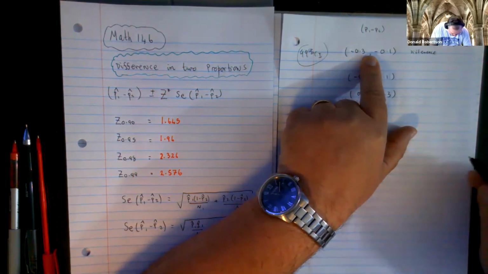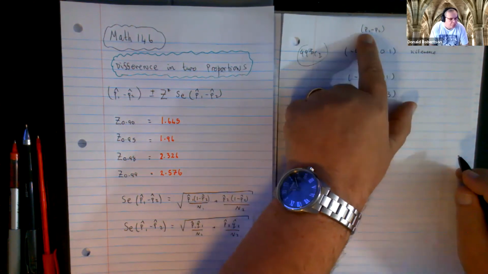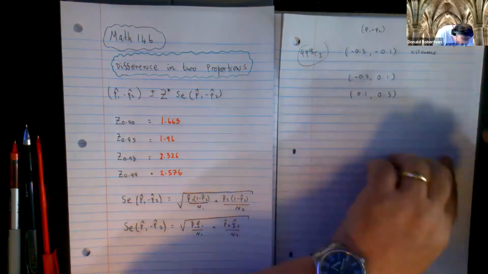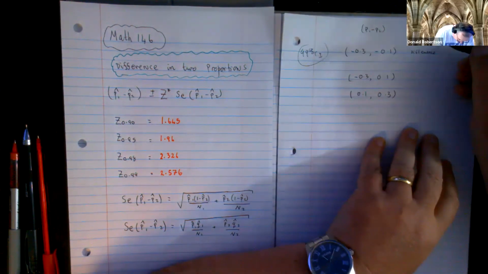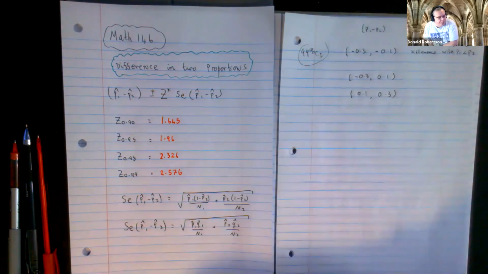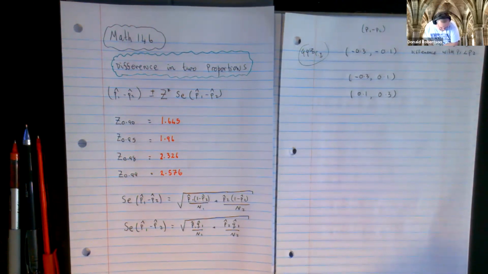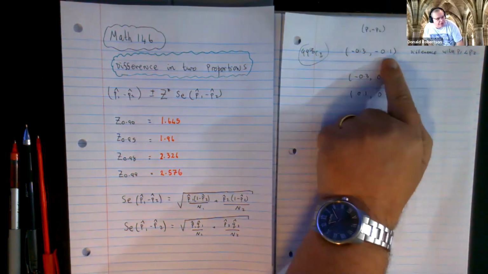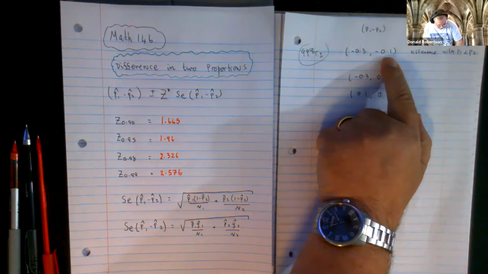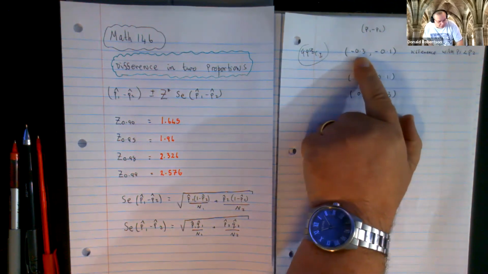Because they're all negative, doesn't that make P1 smaller than P2? So we could say that this is a statistically significant difference with P1 definitely smaller than P2. And if you wanted to be nitpicky about it, isn't it definitely smaller by at least 10%? Could be as high as 30%, but definitely 10%.